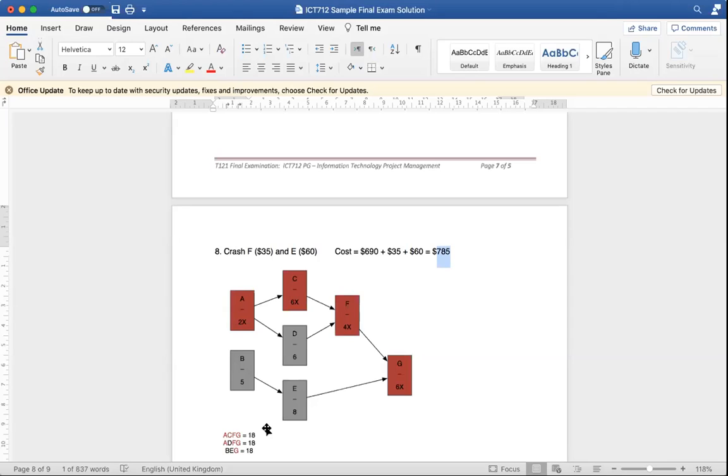The point of making that many crashes is to reduce your project duration and to reduce your cost. So 18 is the last we can do? In this example, yes, because you can see A, C, F, and G can't be crashed anymore. So even if you crash this or this, the duration will remain the same at 18 days.